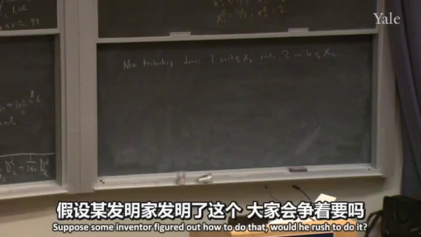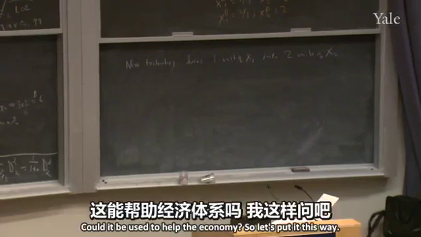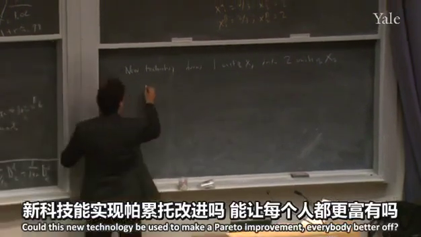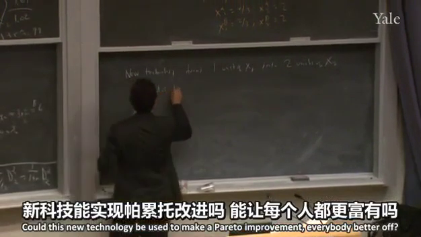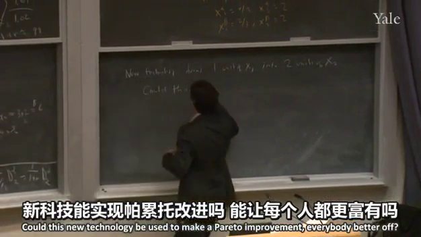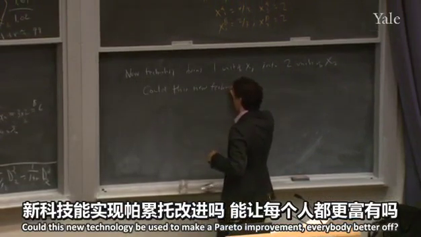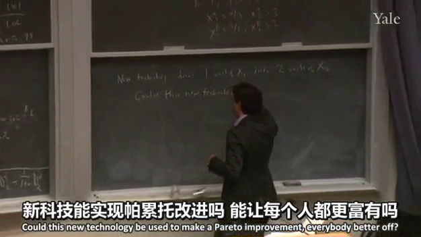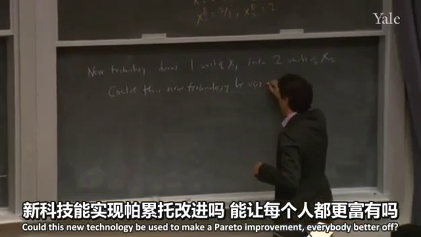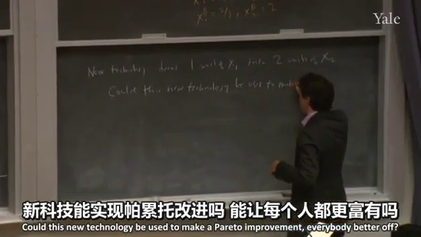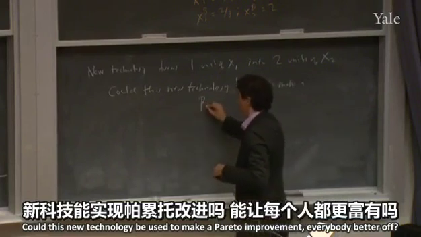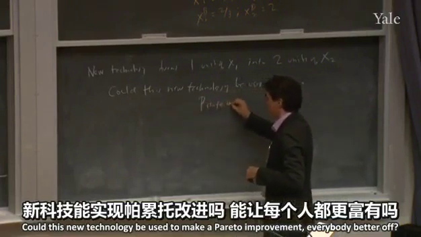Suppose some inventor figured out how to do that. Would he rush to do it? Could it be used to help the economy? So let's put it this way: could this new technology be used to make a Pareto improvement, everybody better off?